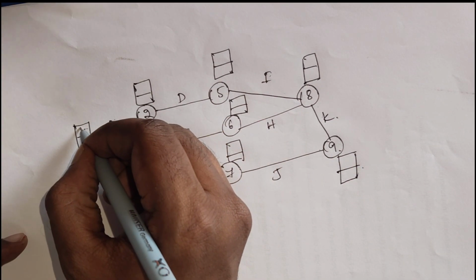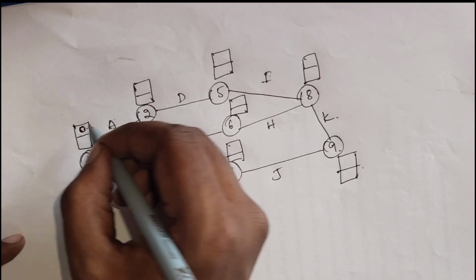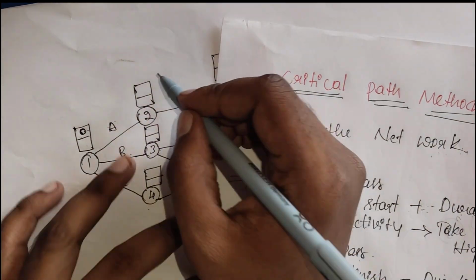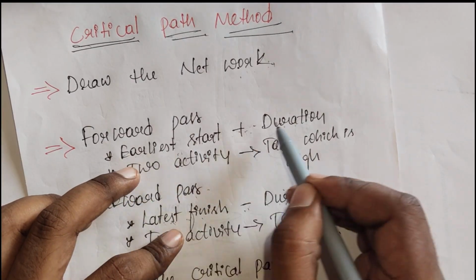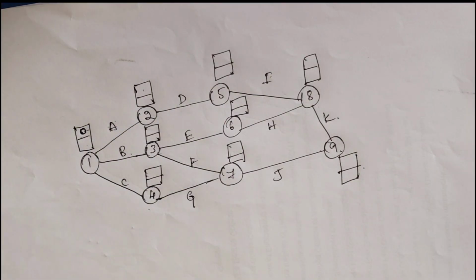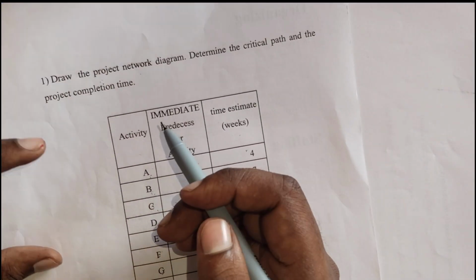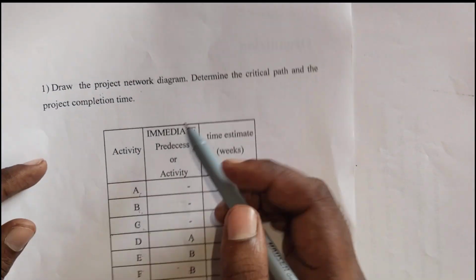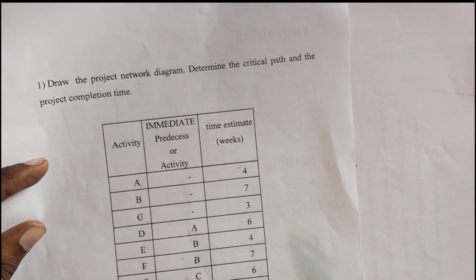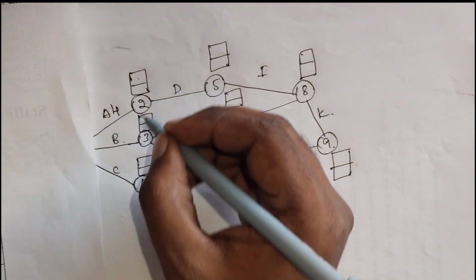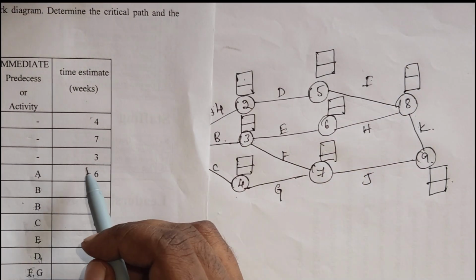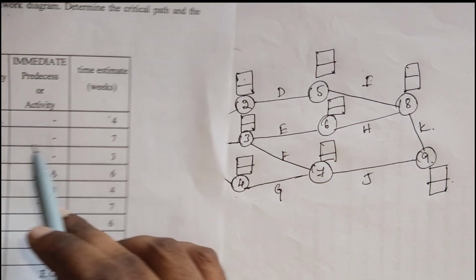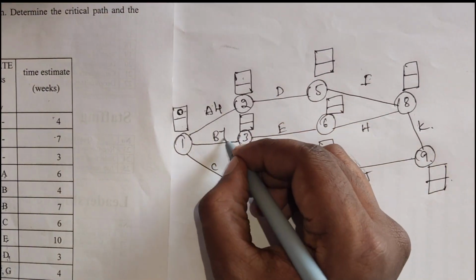So first we have to find the earliest start. So earliest start, we imagine it's a 0, and then we have to find the earliest finish. Earliest finish is equal to earliest start plus duration. So duration is here for A, it's a 4. For B it's a 7.